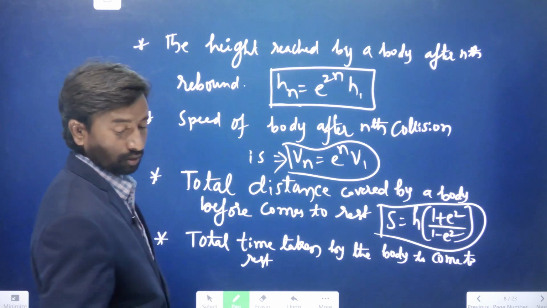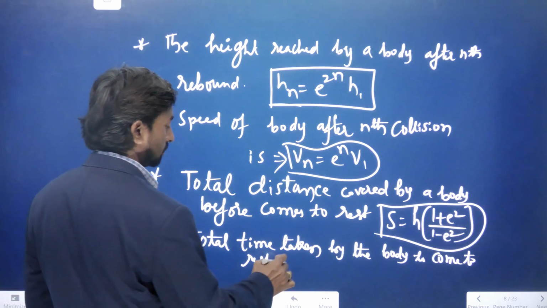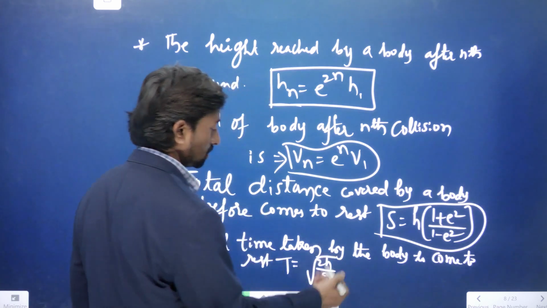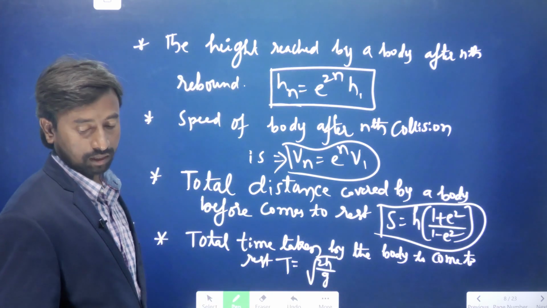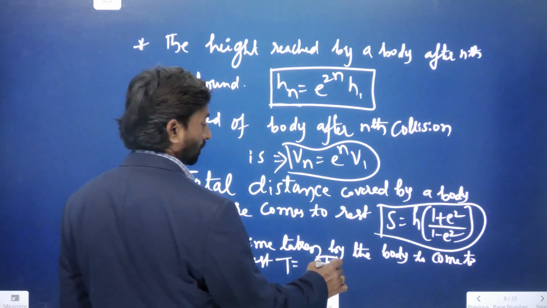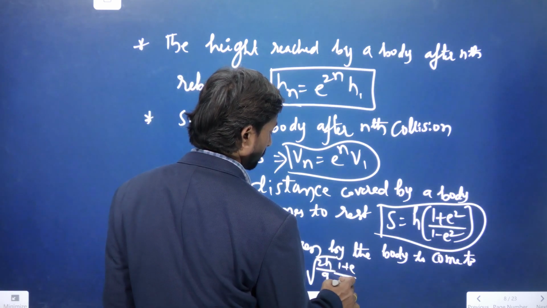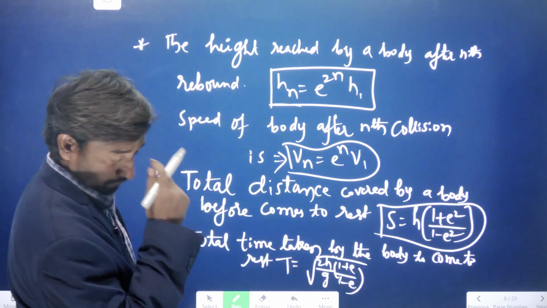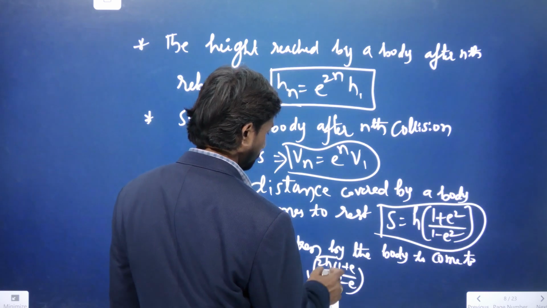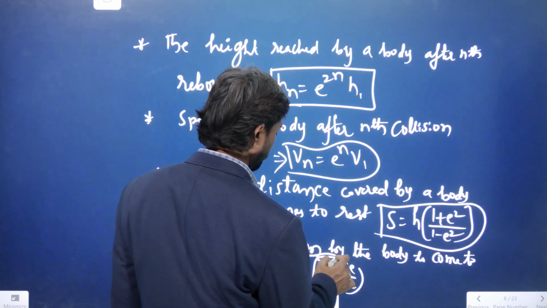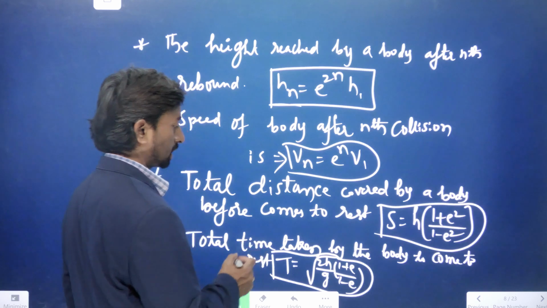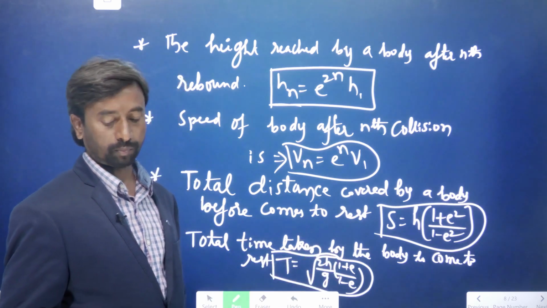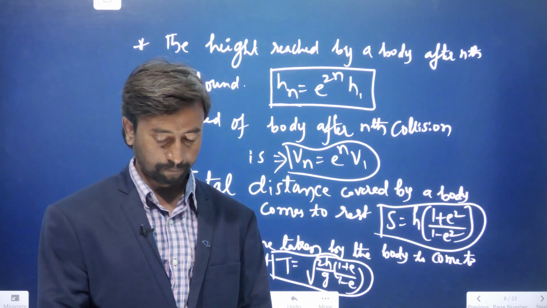So that is given by capital T is equal to square root of 2h by g. This is normally the time of descent equation we can write there, but here extra we should write 1 plus e divided by 1 minus e. This is the extra. This root will be up to here only. So the expression is square root of 2h by g into 1 plus e divided by 1 minus e. So that is the expression there.